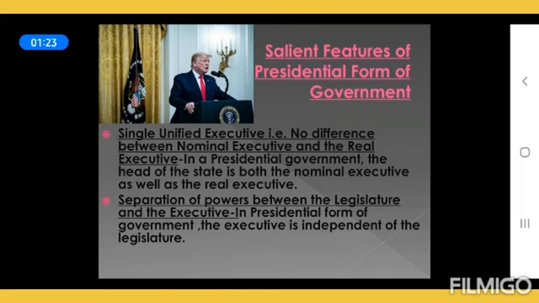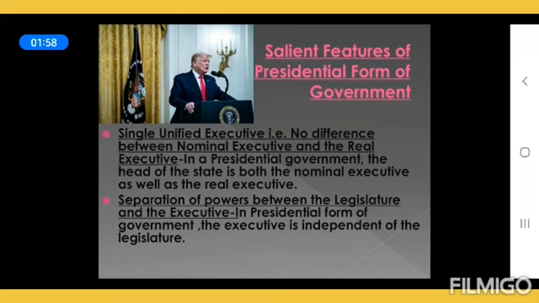Okay, and the executive in the presidential system of government is not constituted out of the legislature, whereas we see in the parliamentary form of government, the executive is constituted out of the legislature. But here the executive has not been constituted out of the legislature. So that is why the president and his departments are not responsible and accountable to the legislature.